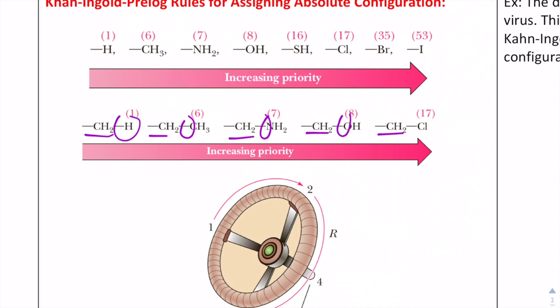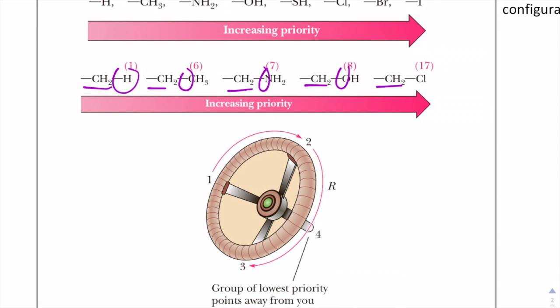Okay. So once you rank all the substituents on the carbon, 1, 2, 3, and 4, you want to do something like this car wheel drawn below. I thought this was kind of cool. It was from your book. You want to orient the fourth substituent away from you. It's like if you're driving a car and that rod that holds the steering wheel in place needs to be oriented away from you.